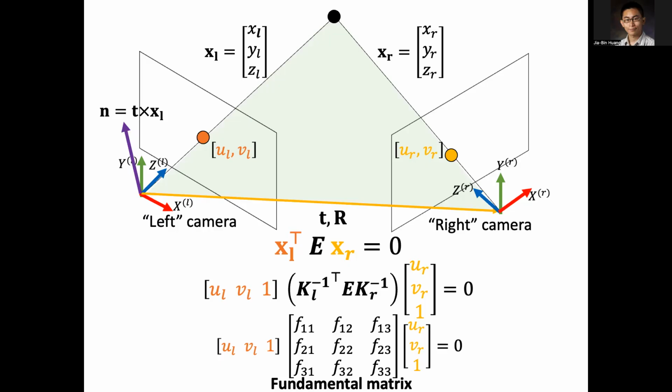The same thing happens the other way: if I have a point in the right camera, a 3x3 matrix times the 3x1 vector gives a 3x1 vector ABC, and then A times UL plus B times VL plus C becomes a line equation in the left camera. This basically formalizes the concept of the epipolar constraint.